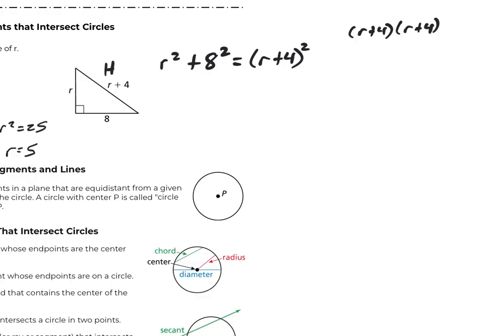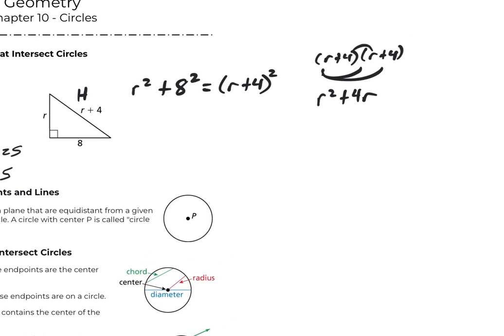First, outside, inside, last, or distribute. If you just want to remember it by distributing, I'm going to take R times both of these. So that would be R squared plus 4R. And then we're going to take 4 times both of those. So that would be 4R plus 16.